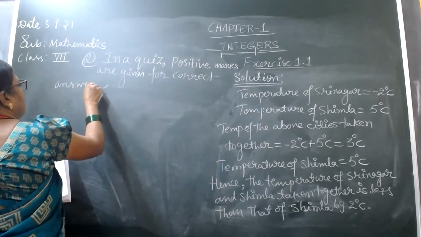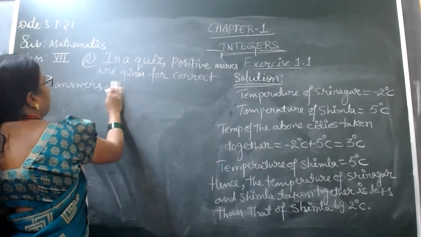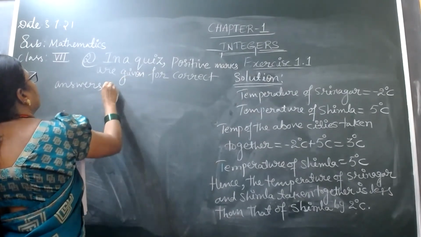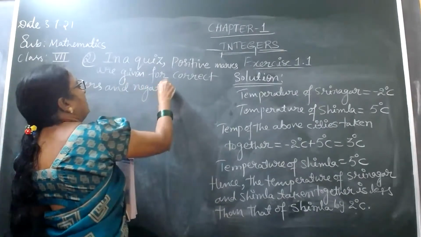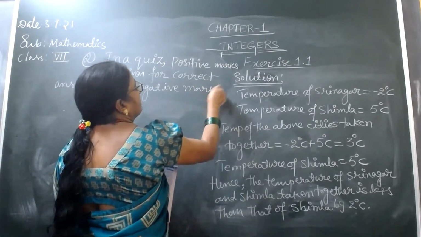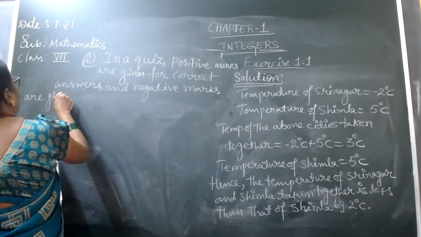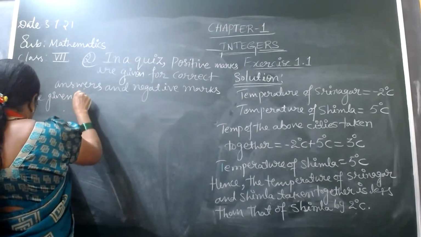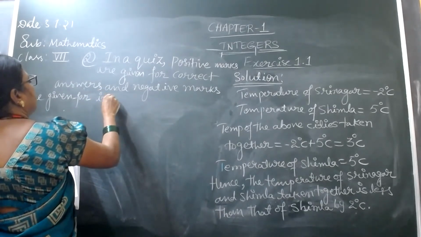Correct answers, and negative marks are given for wrong answers. Negative marks are given for incorrect answers.